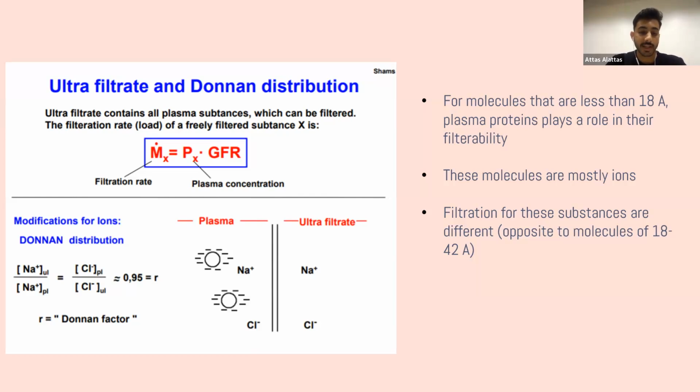However, one thing that affects their filterability is the plasma proteins. So let's assume that this is the plasma. The plasma proteins in the plasma are negatively charged. And you have the molecules that are less than 18 angstrom, the sodium and the chloride. What do you think their filterability will be?